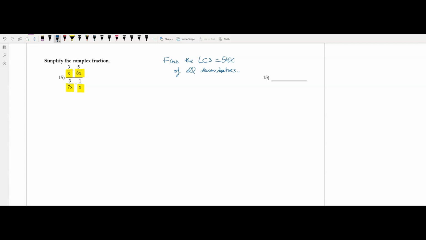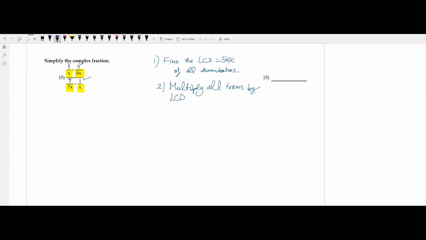The least common denominator. So what do I do in this case? Second step, multiply all terms by the LCD. How many terms do I have? I have 1, 2, 3, and 4. I'm going to multiply all 4 by the LCD.